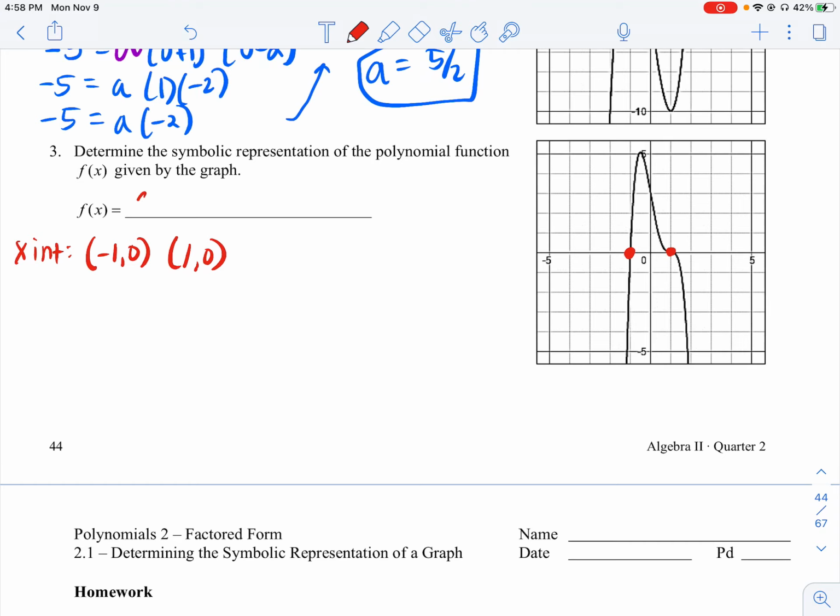And then let's put a, and then parentheses, parentheses. When that goes in, what is that? x minus 1. When that goes in, that is x plus 1. That makes sense, you guys? All good? We're good? Okay.